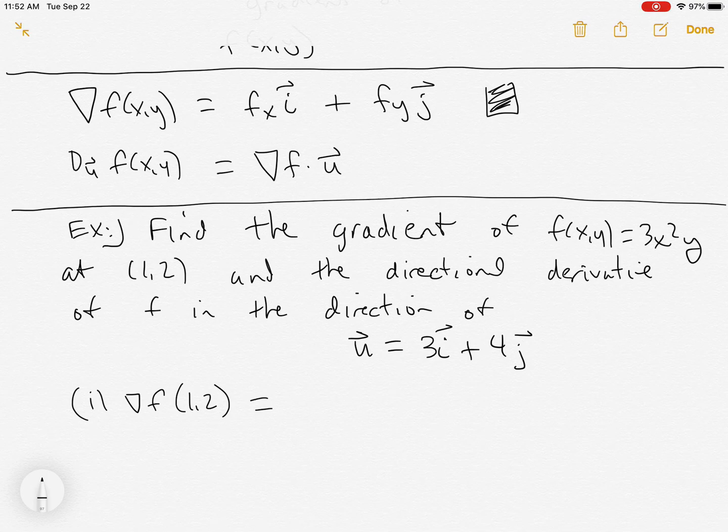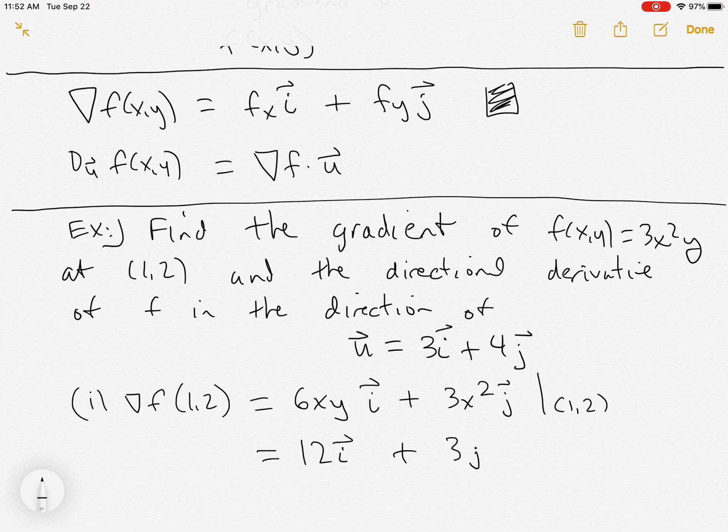So we have 6xy i plus 3x squared j, evaluated at (1, 2), which is equal to 12i plus 3j.